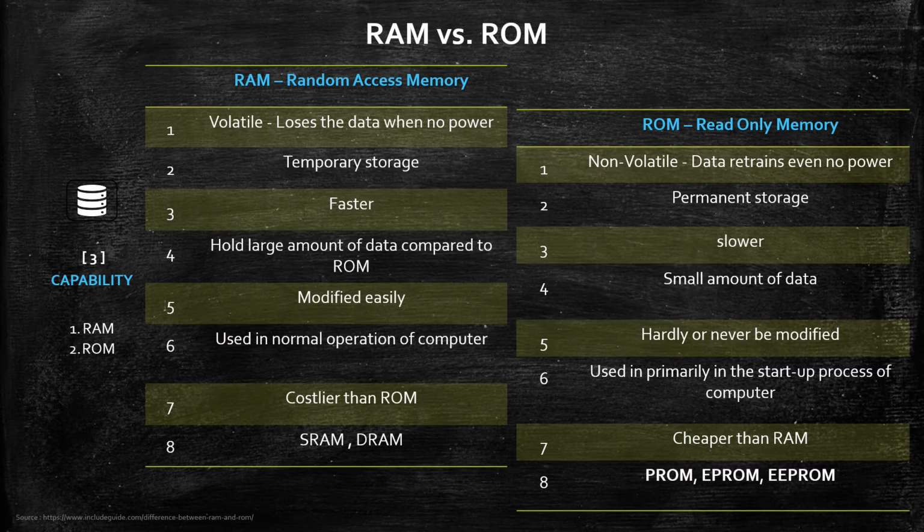ROM is generally used in embedded systems such as calculators and peripheral devices. ROM is further classified into three types: PROM, EPROM and EEPROM. We'll learn about all these memories in a little more detail in the next slides.